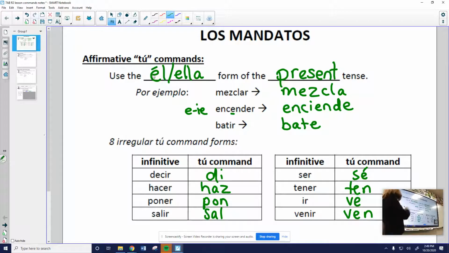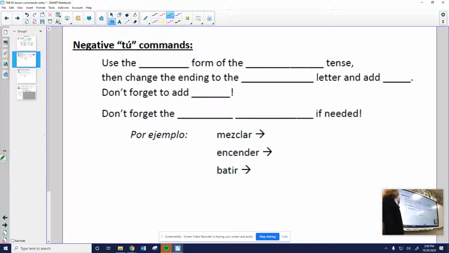Yay, new stuff, right? To give a negative tú command, to tell somebody, don't do that, it's a little bit different. Instead of using the él/ella form of the present tense, we'll start with the yo form of the present tense. And then you have to change the ending.